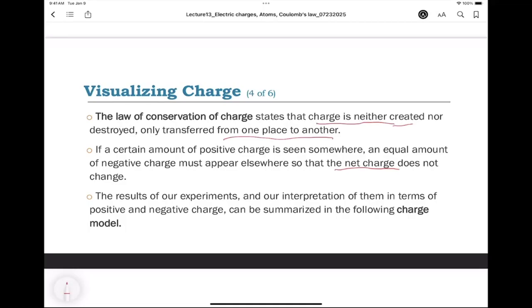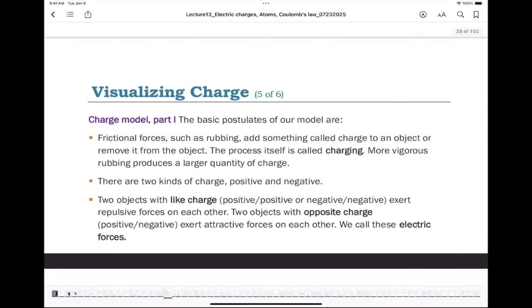The results of our experiments and our interpretation of them in terms of positive and negative charge can be summarized in the following charge model. Let's talk about the charge model here.